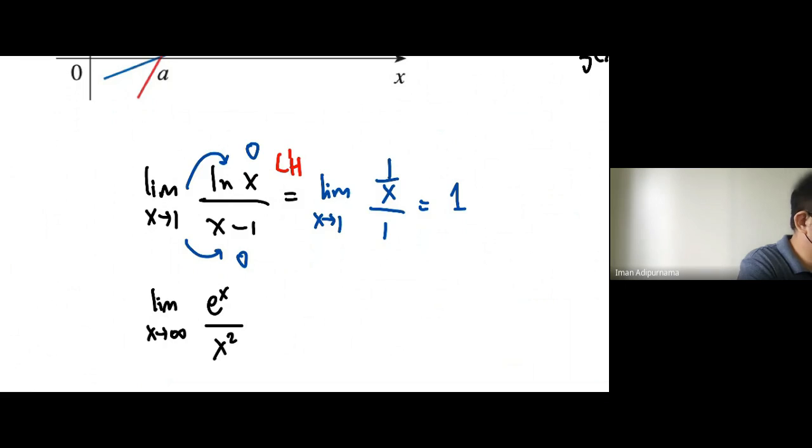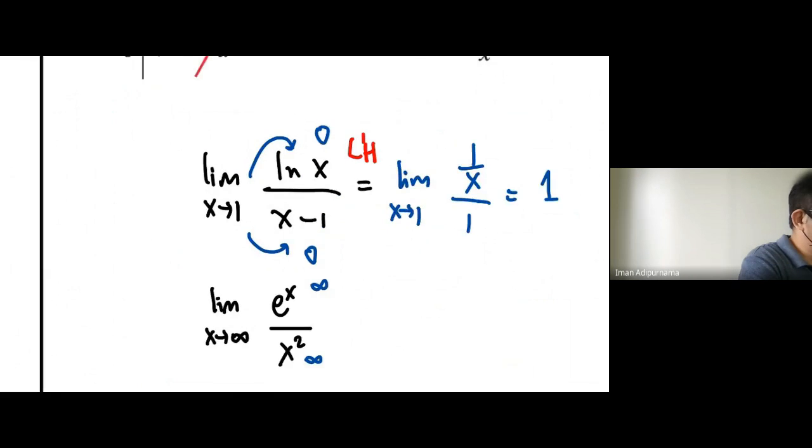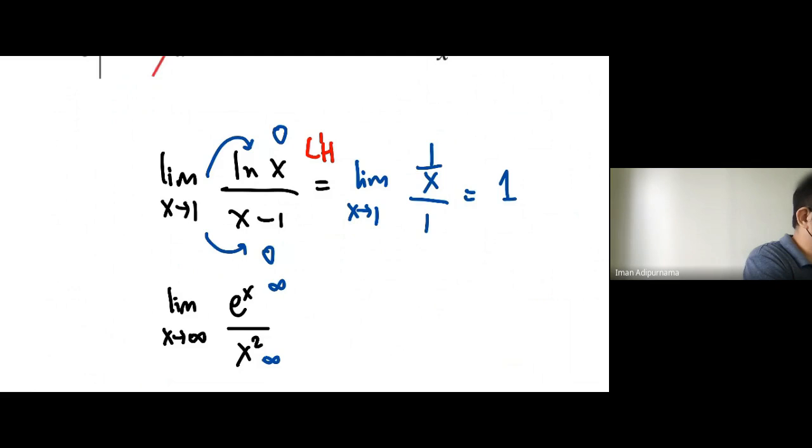So if this is e to the x over x squared, what will happen now? Now we do not have 0 over 0, but infinite over infinite. But why is the L'Hopital rule still applicable here? If you remember, when we have the limit of, for example, 1 over x as x approaches infinity, this is 0, right?